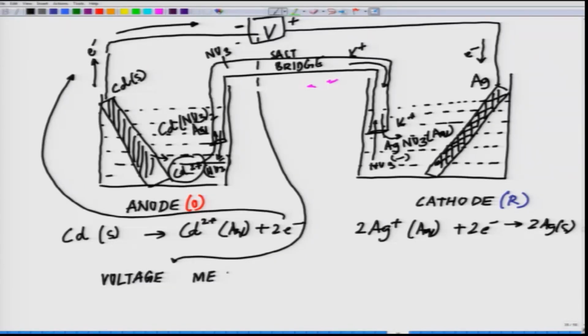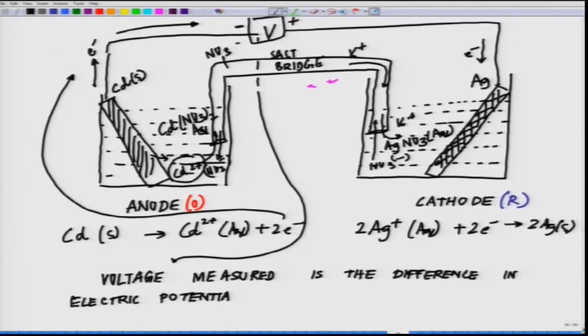So basically the voltage measured is the difference in electric potential between the silver electrode that is on your right and the cadmium electrode that is on your left.